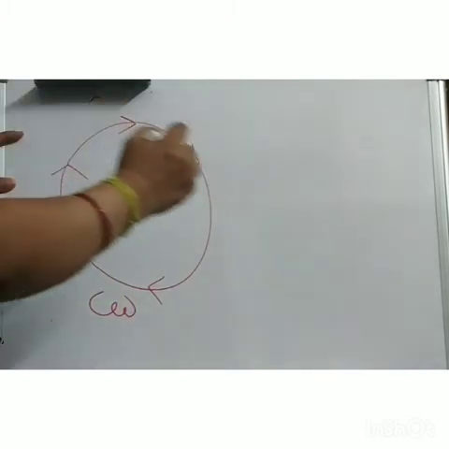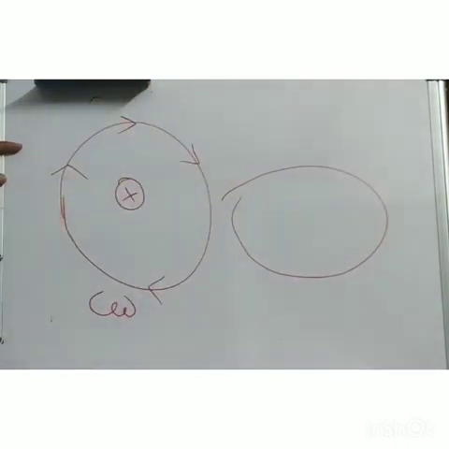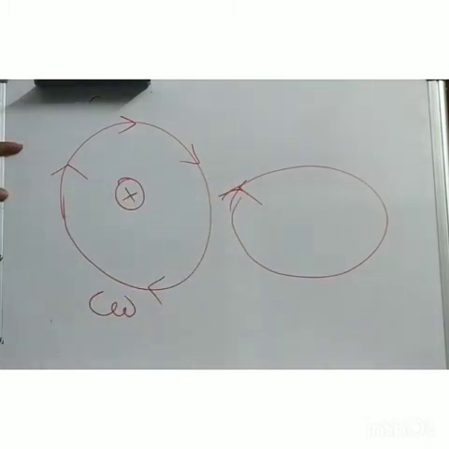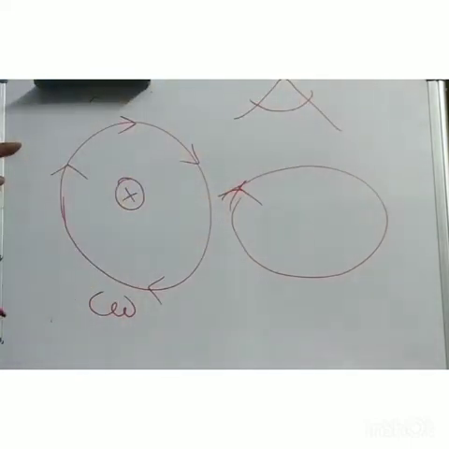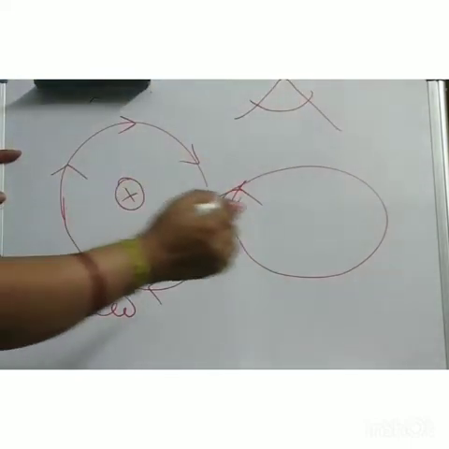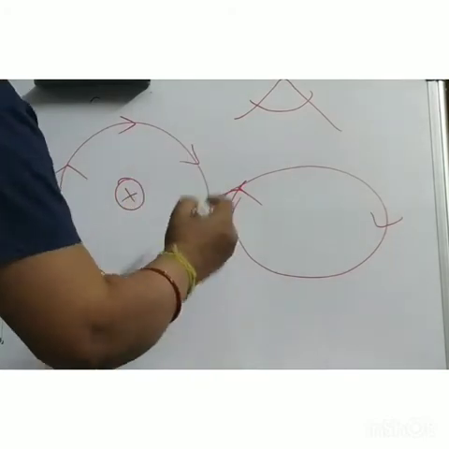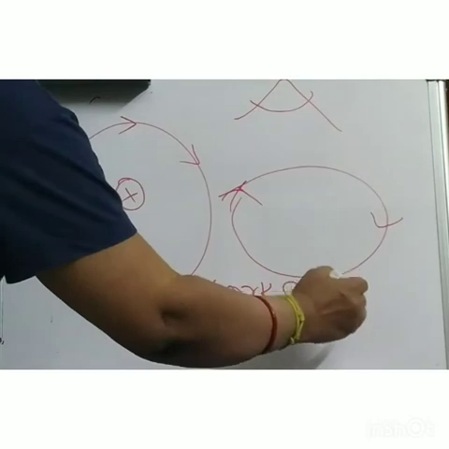Okay. Now we'll try to visualize this. So at the face of the coil, suppose now current flow is like this. Okay. Now you are observing from here. So current is going in clockwise direction. So when current is going in the clockwise direction, now we'll use the corkscrew rule. Another rule.